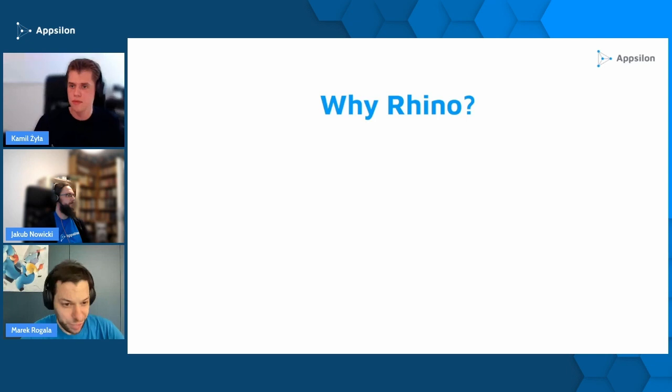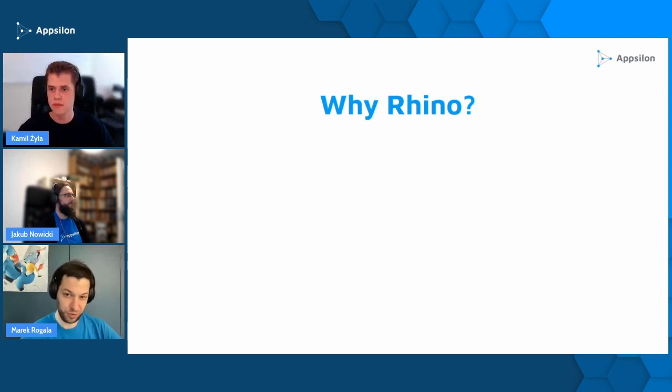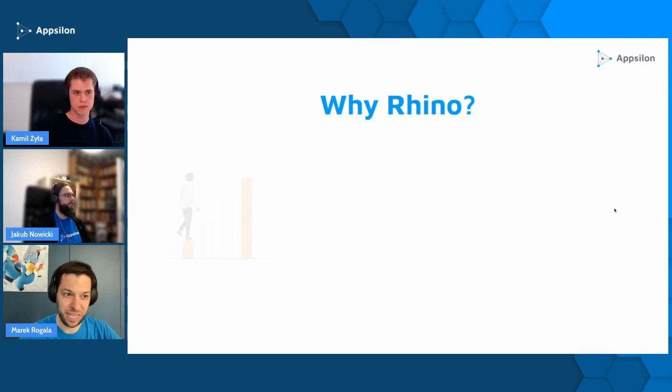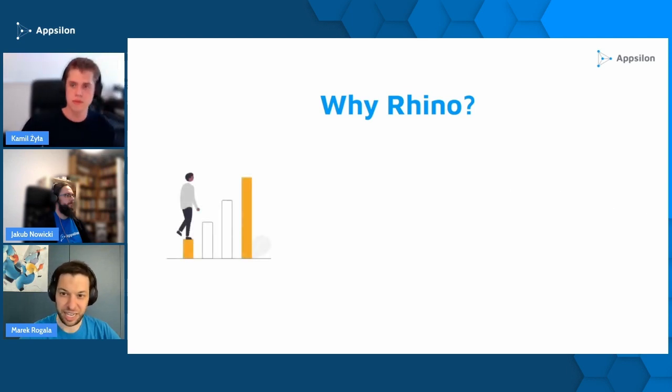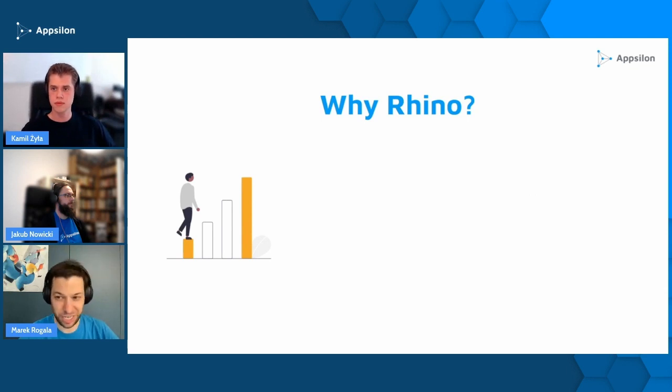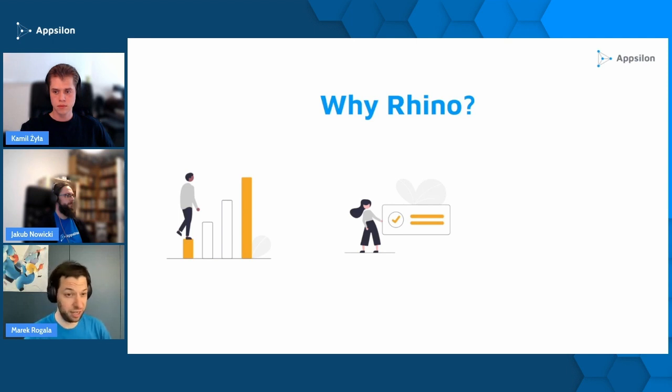So you may want to try Rhino, especially if you'd like to have a scalable, reliable architecture, and you would like to follow a suggested approach to that with boxes, Shiny modules, view and logic separation, and so on. Also, you may want to try Rhino if you want to start an app with a set of pre-configured development tools, all the linters, CI, and so on.